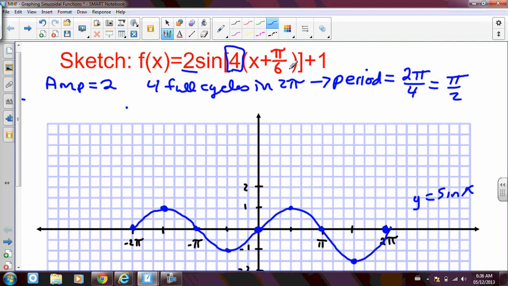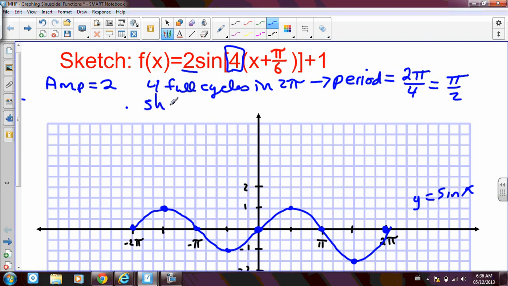And as it was back then, the number you see here is the adjustment to the x value. If I want to get back to where the 0 was, I have to have this whole area go to 0, which means that x would be negative pi over 6. So the graph is going to shift maybe the opposite direction to what you expect.